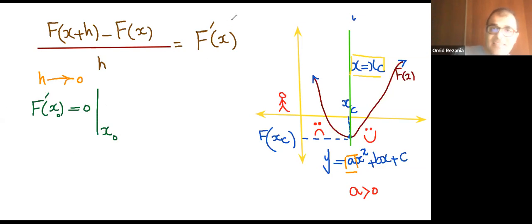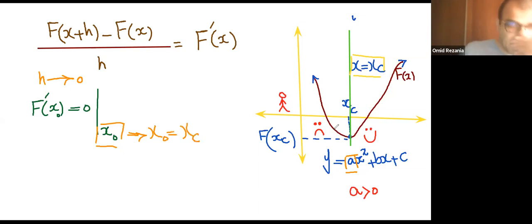We looked at these points and concluded that x naught has to be our critical points, or crazy points, of that function. That's essentially a very brief review of what we did yesterday.